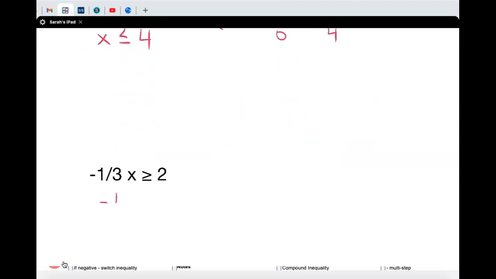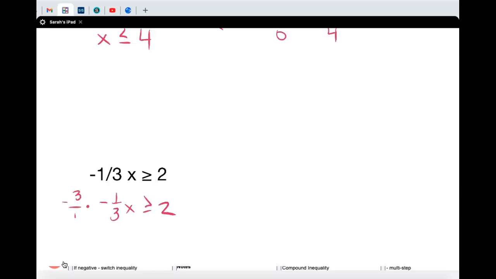We have -1/3 on the left side, 2 on the right side. So trying to get x by itself, what can we do? Yeah, so there's 2 different ways. You could divide by -1/3, but I don't like to divide by fractions, so multiplying by the reciprocal is the same thing.